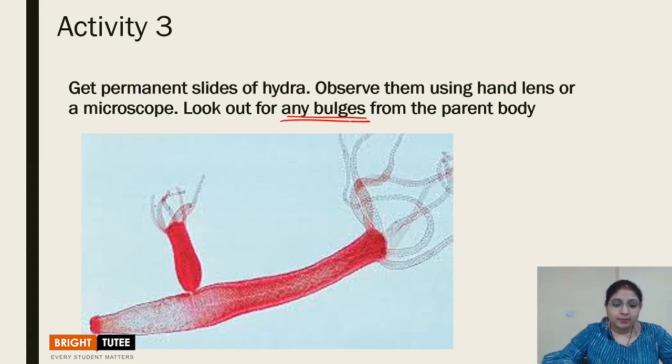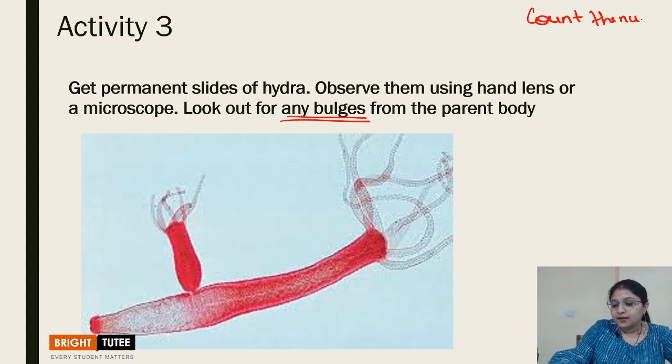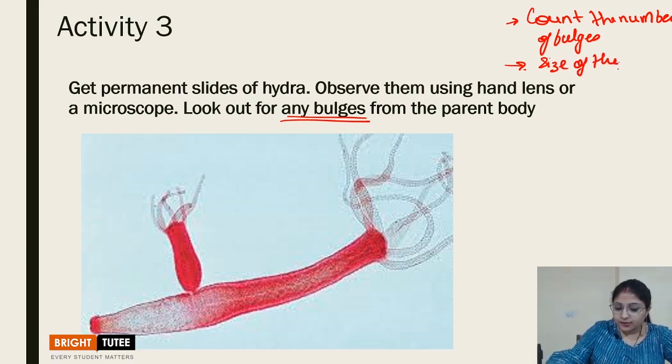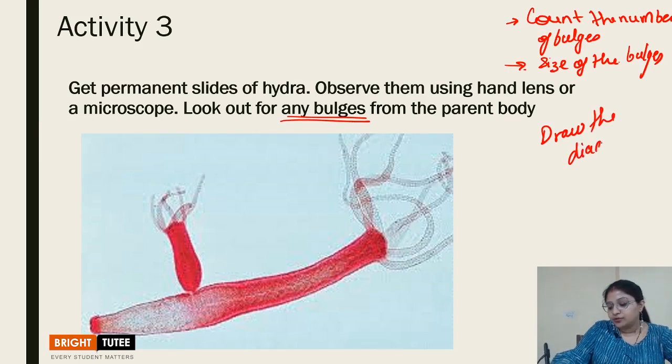And after looking at the bulges, first of all, you have to count the number of bulges that are there. Then you have to note down the size of the bulges, right? Also draw the diagram of hydra as you are able to see.